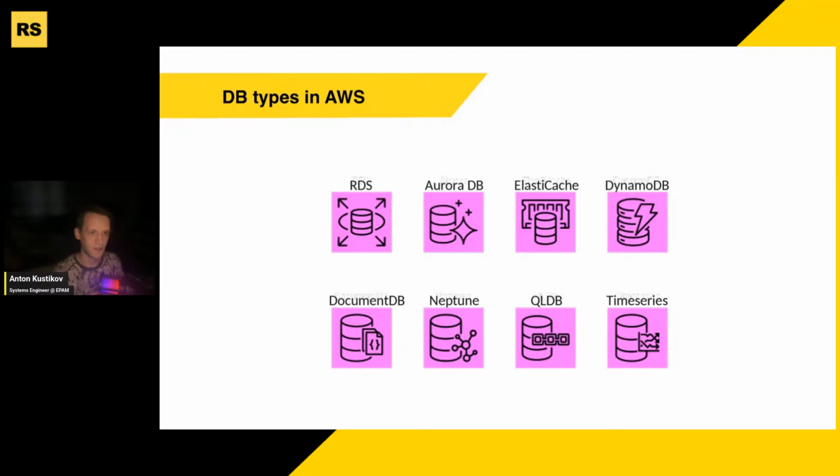And next, we also have DynamoDB. DynamoDB is kind of an AWS native database, which provides us the same key-value storage. Okay, but actually it's not key-value, it's a non-relational database where we can store as many columns as we want. We don't need to care about tables, about how they look.